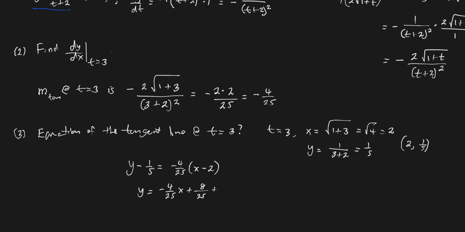Now, just so that I can add the fractions together, I'm going to write 1/5 as 5 over 25. So here's our simplified equation for the tangent line: -4 over 25 times x plus 13 over 25.